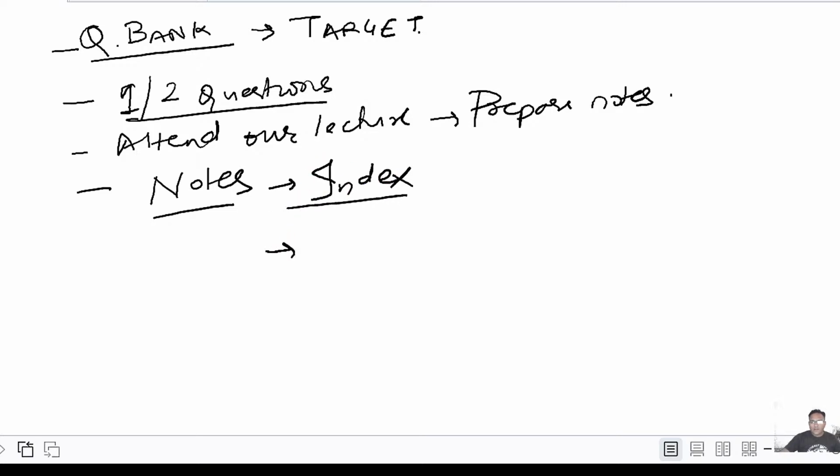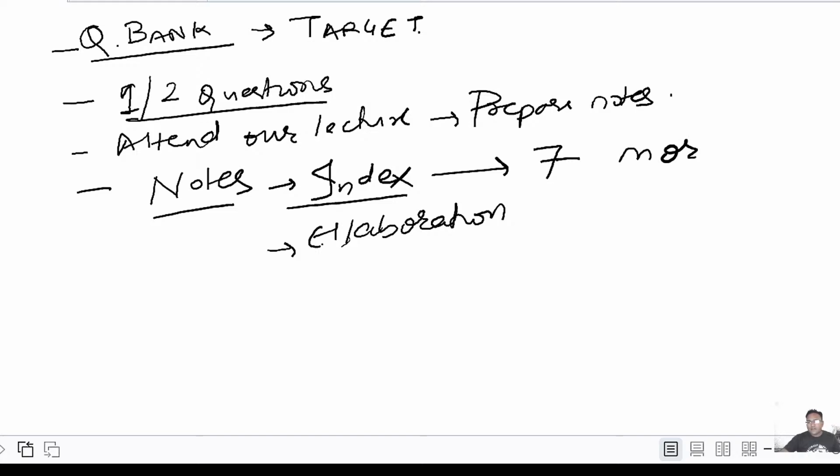Index, then elaboration. Now, why are we making you write this index? Because if the question is of 7 marks, you have to write more, and if it is of 5 marks, you have to write accordingly. So this is important.